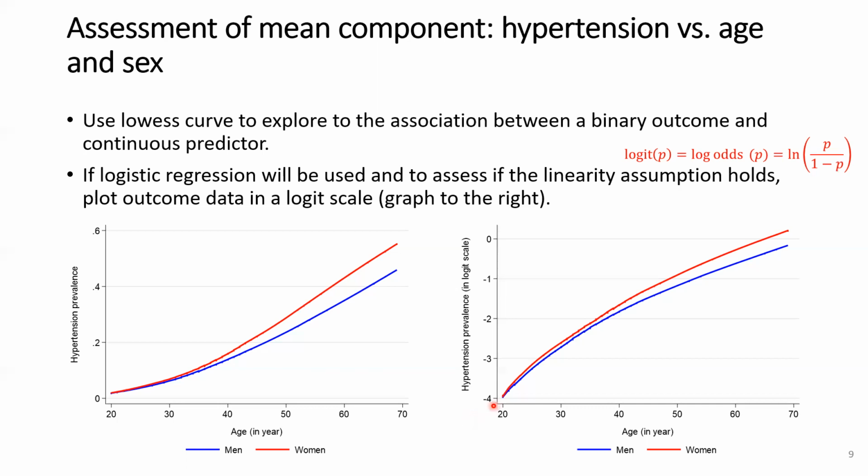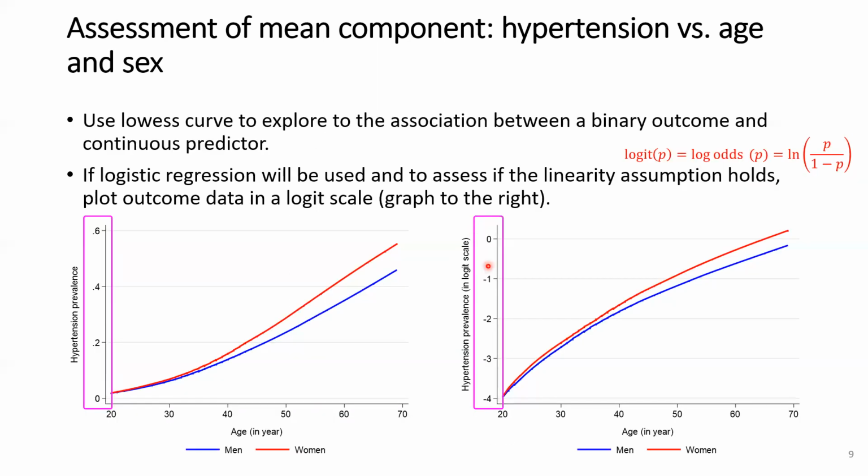So it's usually recommended to do exploratory data analysis using the logit scale, which is shown on the right-hand side. On the left-hand side, it's shown using the probability scale. But the problem is sometimes when somebody says logit of prevalence is equal to 0, it's difficult to imagine what we are talking about.